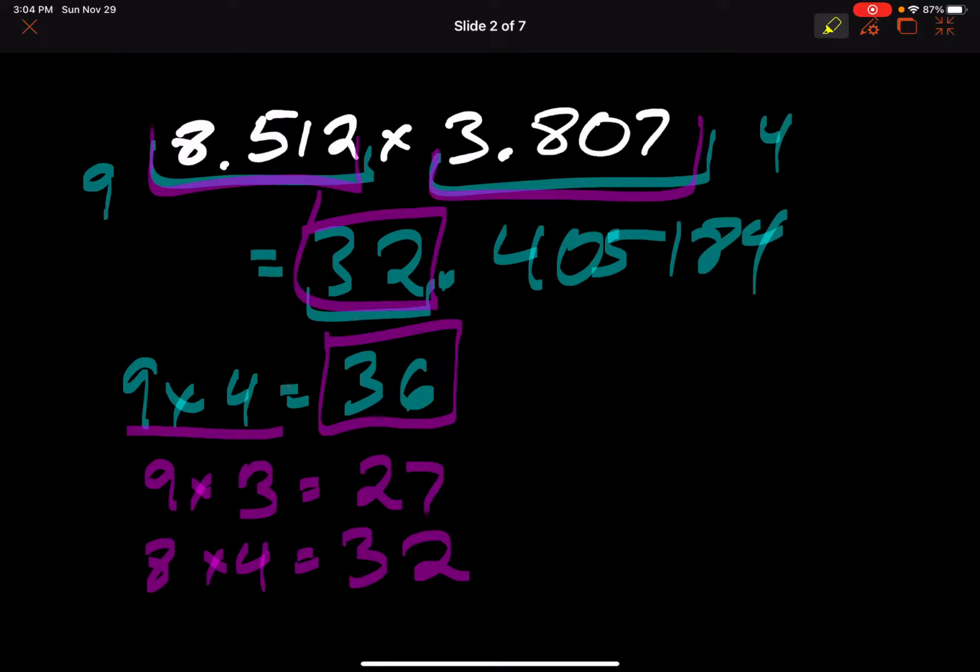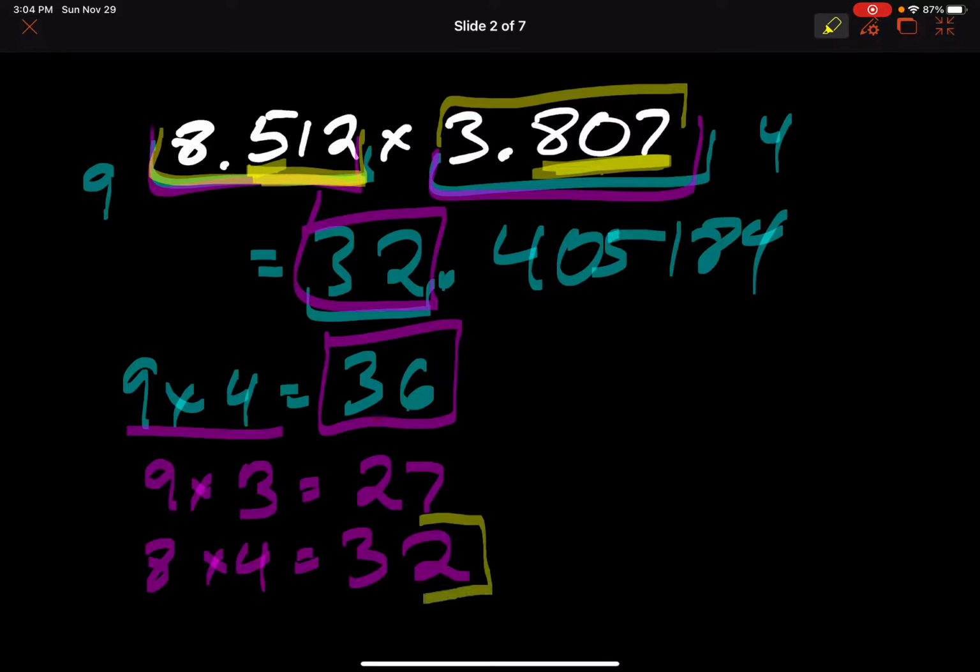If I round this one up, notice that the 512 thousandths is kind of equally distant from both sides, from 9 and 8. But if I round this one up, this is definitely already closer to 4. So it makes more sense for me to round this one up and to round this one down, which would make sense to have it equal closer to the actual number.